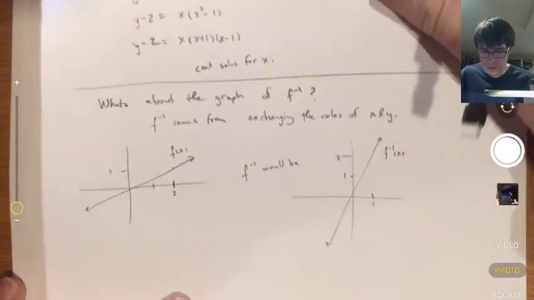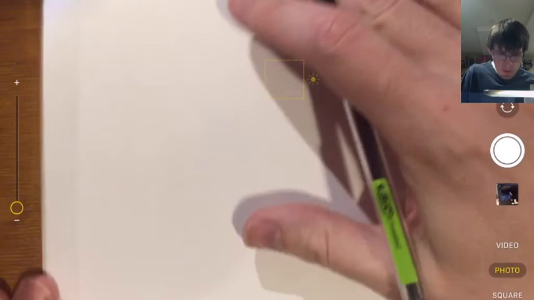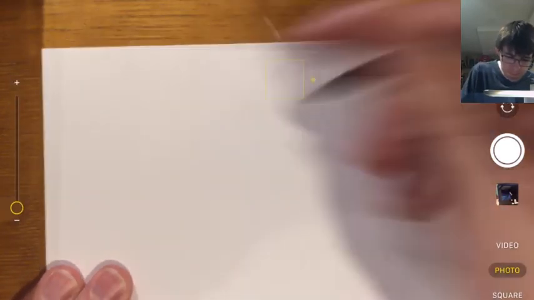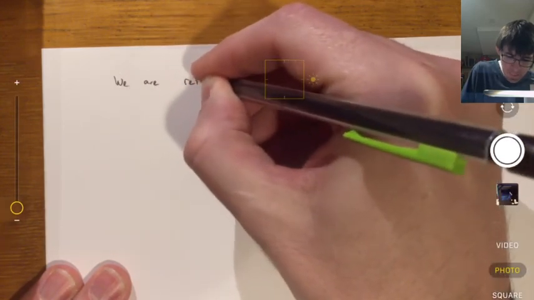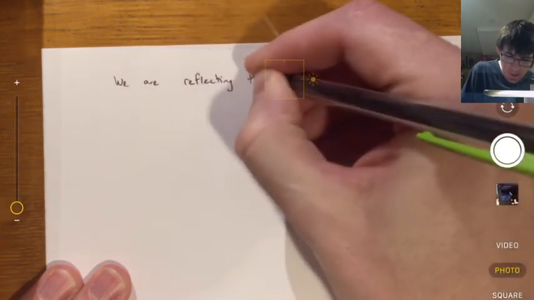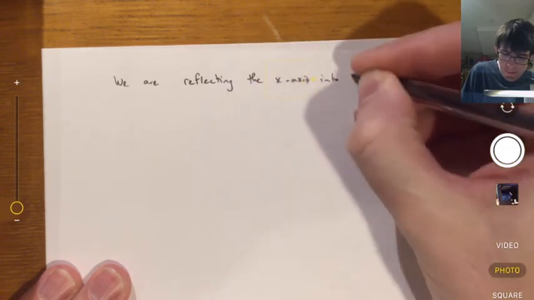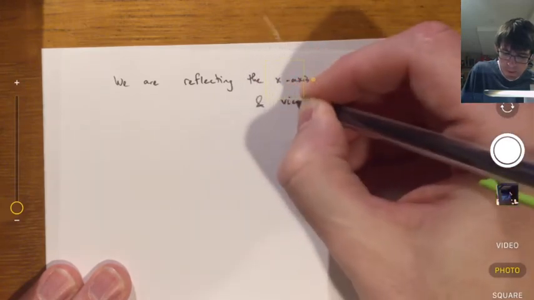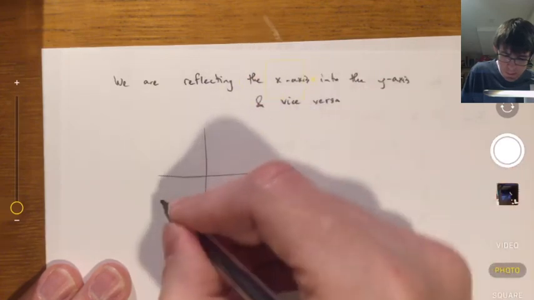Another way to say that, a little clearer maybe, is we are reflecting the x-axis into the y-axis, and vice versa.